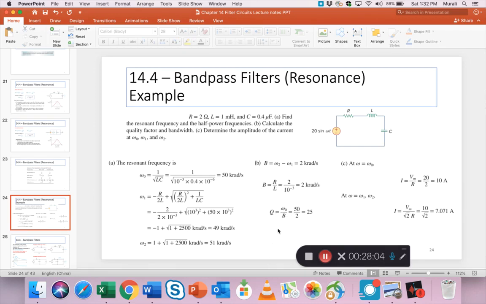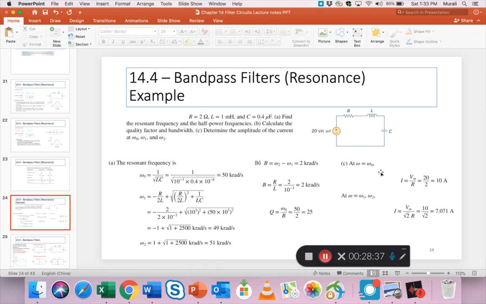Q finally is omega 0 by B, the ratio of the midpoint, the resonant frequency, divided by the bandwidth. So if the bandwidth is large, the Q becomes smaller. If the bandwidth is small, it's a narrow band, then the Q goes higher. So that's the value of Q, or the benefit of understanding Q.